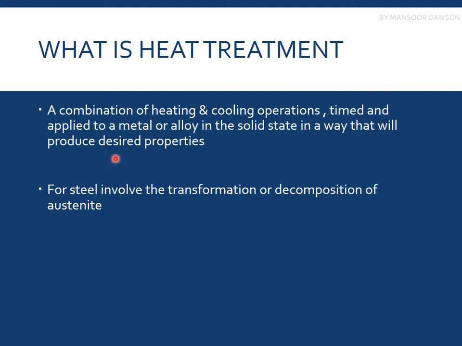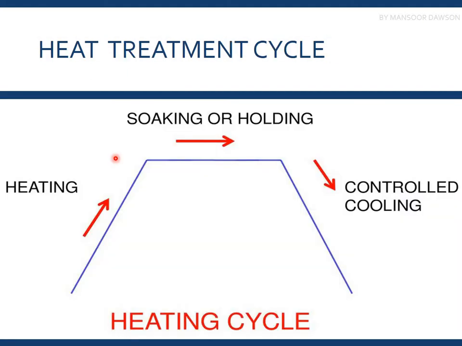So let's move on. This is a heat treatment cycle in which you can see that we heat the alloy to a certain temperature. On the x-axis we have the temperature, and on the y-axis we have the time. For example, we are heating the material to 500 degrees Celsius, and then we are holding, which we call holding or soaking.